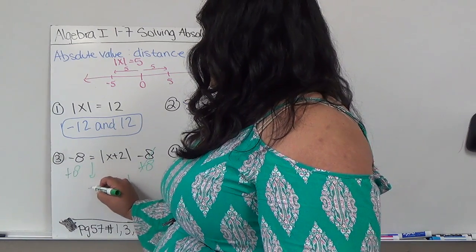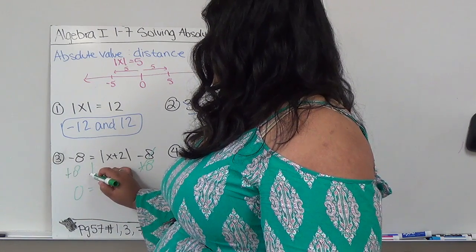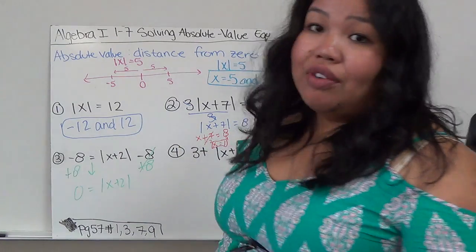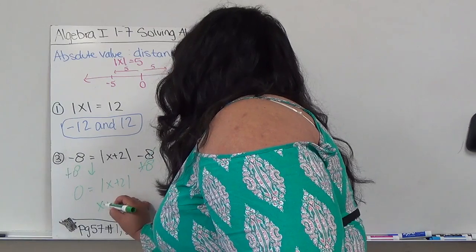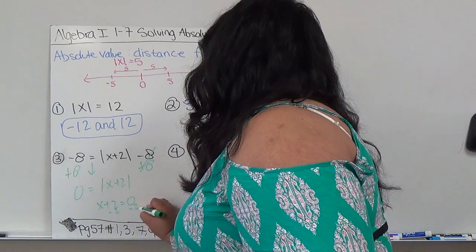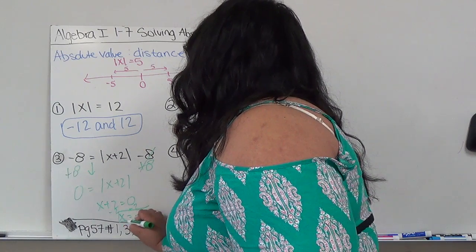Bring down this, and this gives me 0. It's supposed to be an arrow. Okay? Because there's only one value of 0, I can't have a positive 0 and a negative 0. All I have to do is x plus 2 equals 0. And I'm going to subtract by 2, and that gives x equals negative 2.